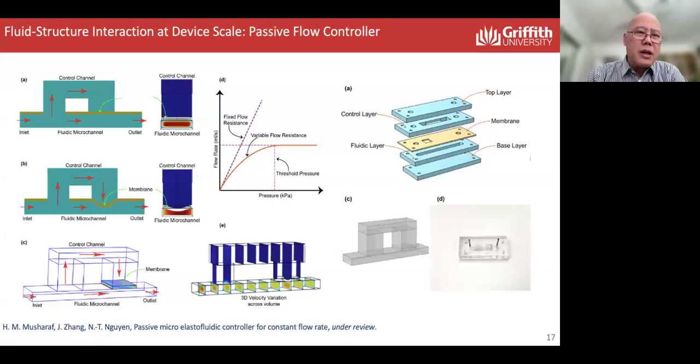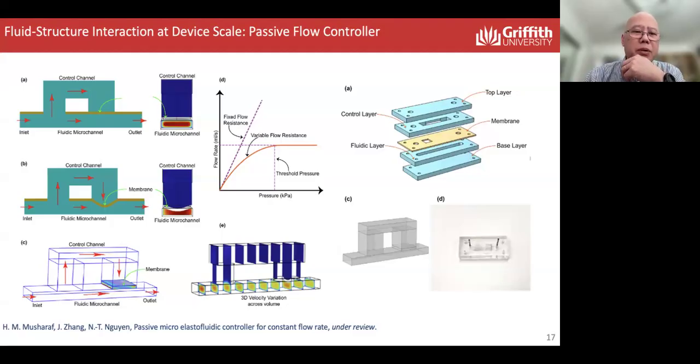Now the next example is the device scale interaction. That means we want to look at the deformations of a flexible system and see how it can control flow, or the other way, how flow can deform things and result in functionalities that we otherwise cannot achieve.